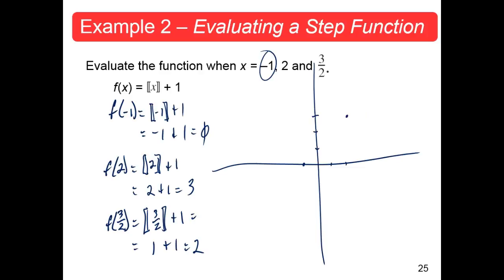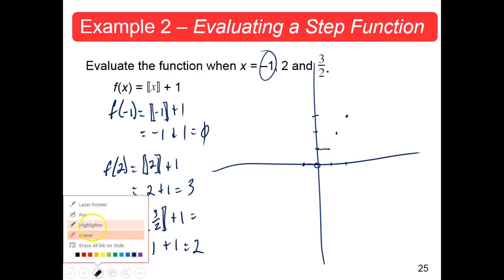And 3 halves is in between that, and that would be 2. Oops, wrong answer. Oh, 2. Yeah, I'm sorry, that's 2. I looked at it and wrote it in the wrong place. Okay. Knock that one out.